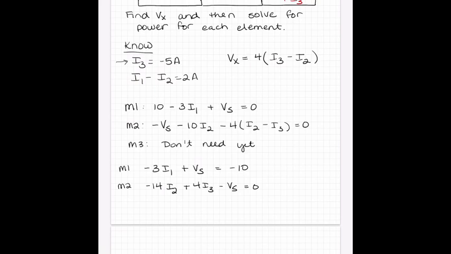Okay. We know that I3 is equal to minus 5, so we will substitute this in here. Okay, and so now mesh 2 will simplify to minus 14 I2 minus Vs is equal to 20.